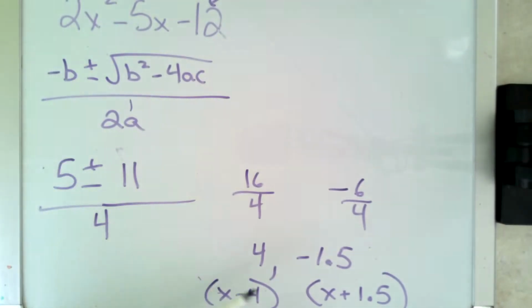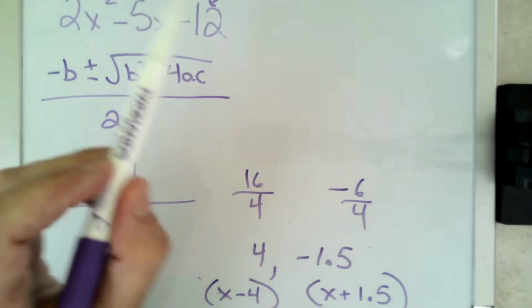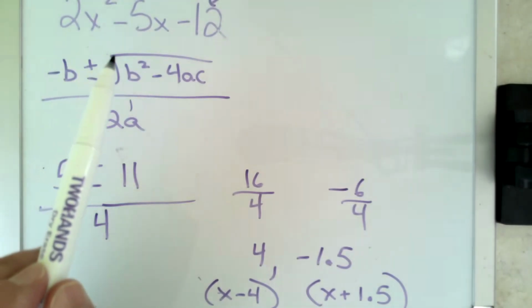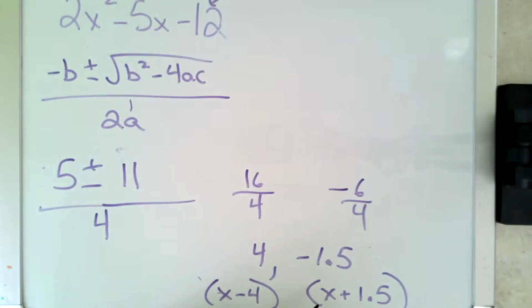So you have to multiply one of these guys by 2. By trial and error, if you multiply this one by 2 and get 2x minus 8, you do not end up with this as your parabola, whereas if you multiply this one by 2, you get 2x plus 3.